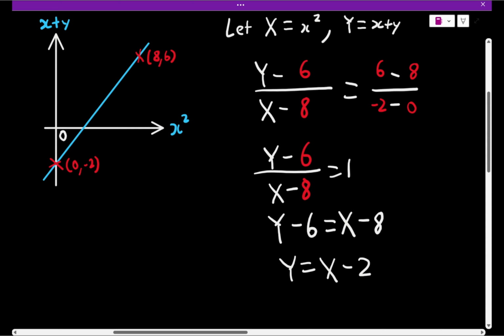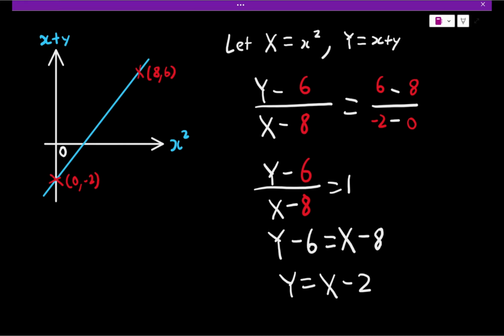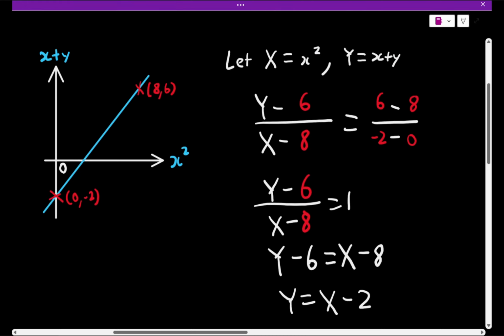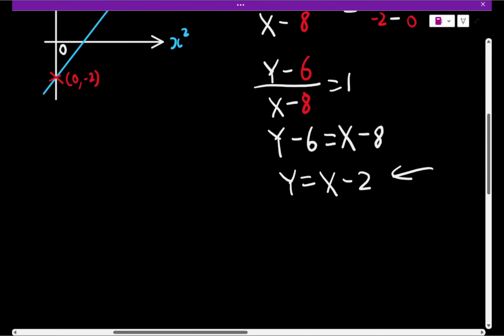Alright, that's pretty good. But again, we wanted it in terms of small y against small x, not capital Y against capital X. So what we want to do is substitute these back in here. What you can say is, sub Y equals x plus y and X equals x squared into, I'll just call this equation 1.